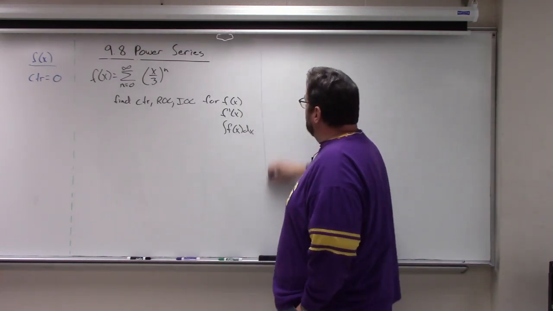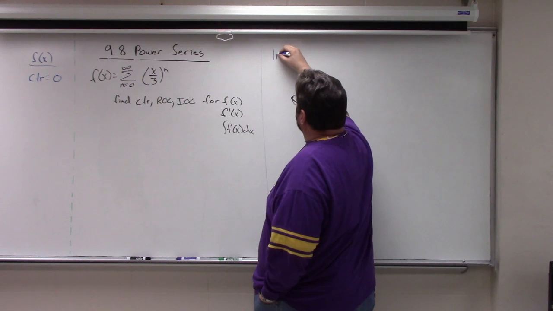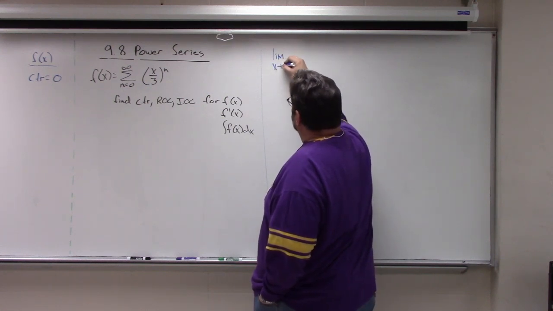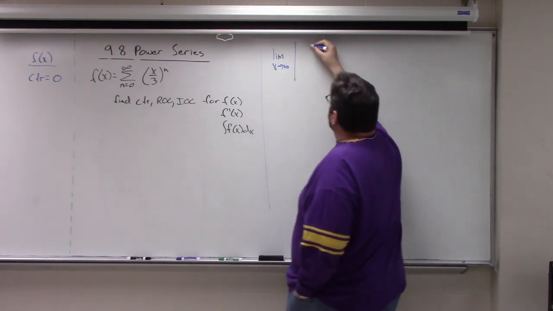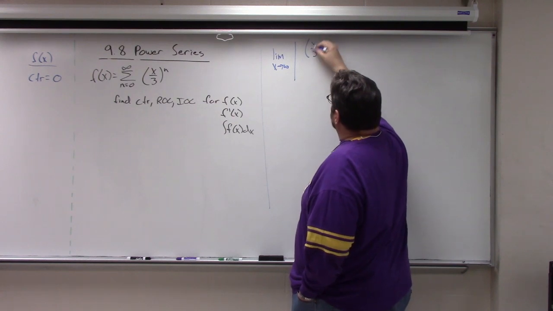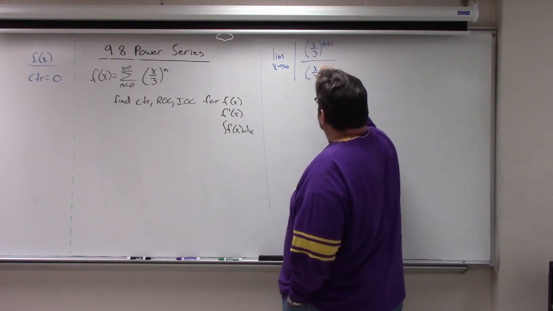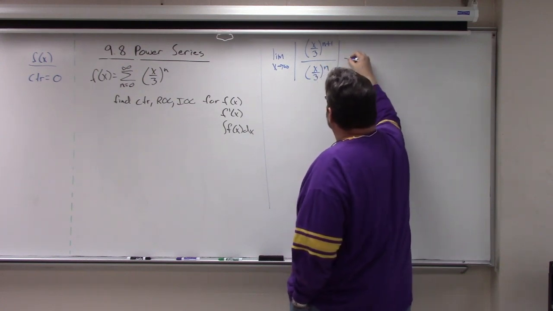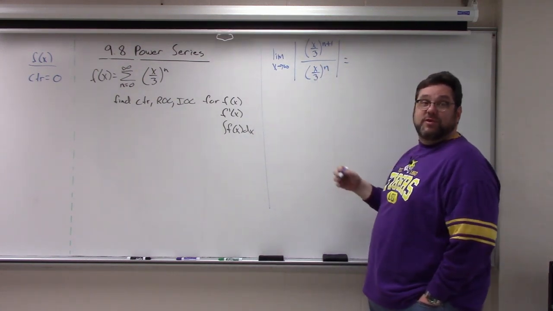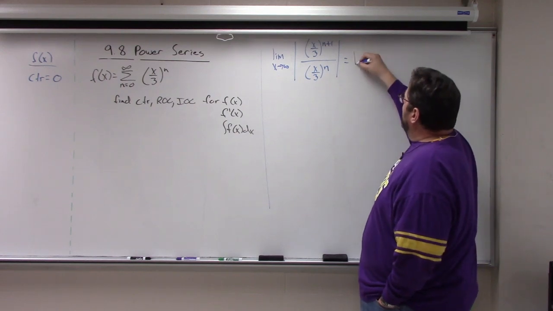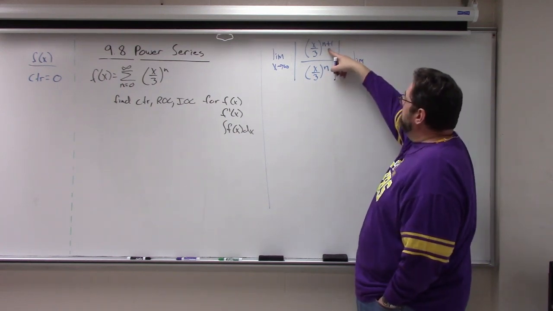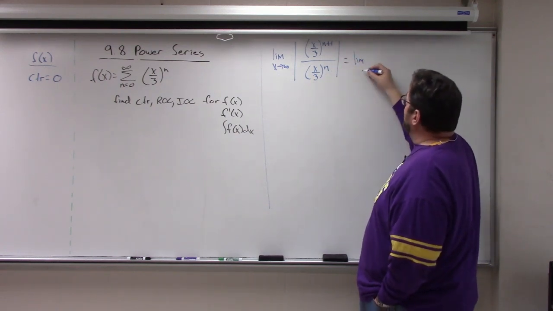So I'm going to start off with the limit as n approaches infinity of x over 3 to the n plus 1 over x over 3 to the n. Okay, and I don't have to do any fancy stuff here. I have something to the n plus 1th over that same thing to the nth.